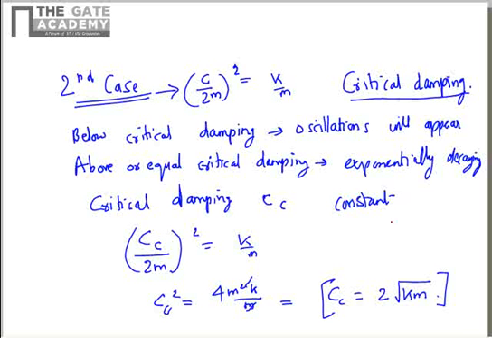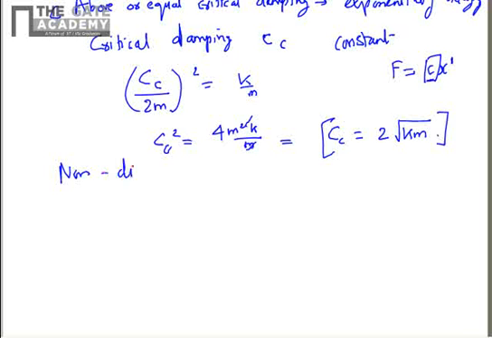The damping is defined by a damping constant where F is equal to C x dash. So this is a damping constant which, if it is above or equal to the critical damping, gives no oscillation; if it is below the critical damping, then the oscillations will appear. This helps us to define a non-dimensionalized damping.